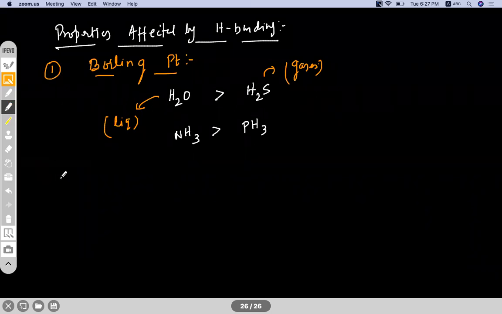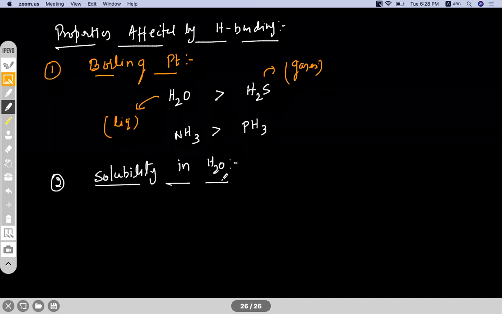Second point, solubility in water. Write down, the compounds which can form hydrogen bond with water are soluble in water.